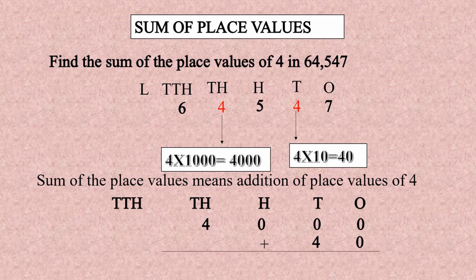When we add 0 plus 0 in ones place, we will get 0. When we add 0 plus 4 in tens place, we get 4. In hundreds place, 0 will be written as it is, and in thousand place, 4 will be written as it is. So, we get our answer as 4040.